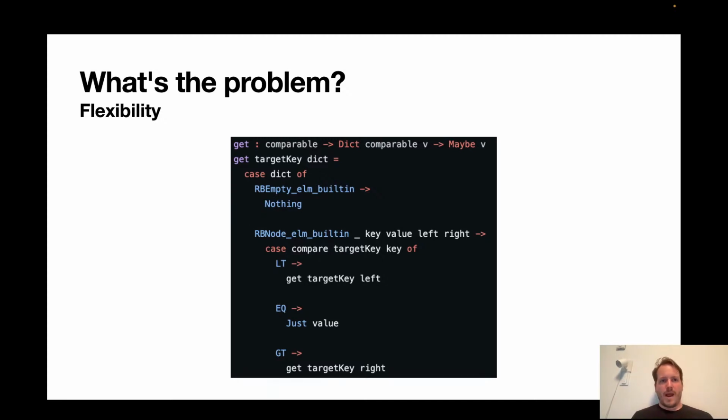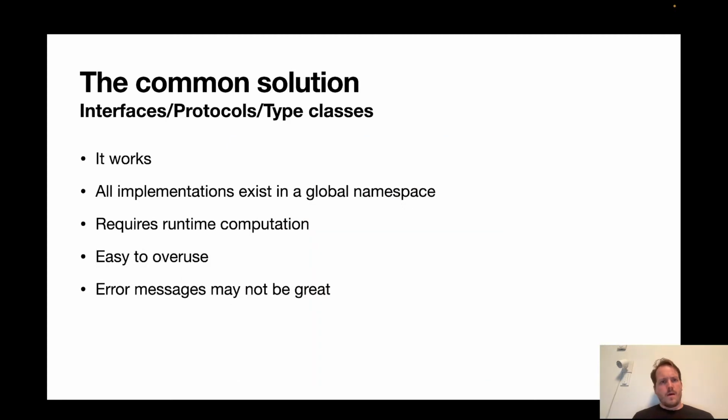There needs to be a way of writing code that isn't bound to a concrete type. And that's useful. Otherwise, we wouldn't have this magic syntax in the language today. But the magic syntax has its limitations, and so we need to find a good solution to that. The common solution to this is interfaces or protocols or type classes.